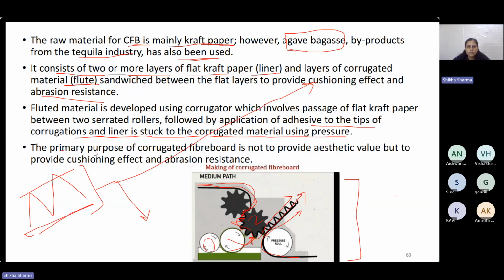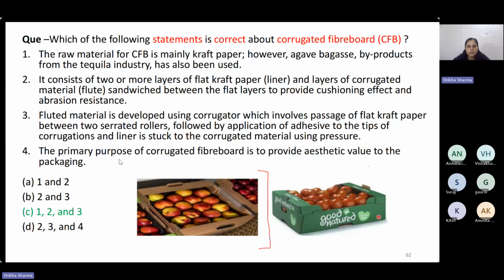Finally, the purpose of the corrugated fiber board is to provide the cushioning effect and abrasion resistance, not the aesthetic value. So the fourth option is incorrect. The rest are correct.